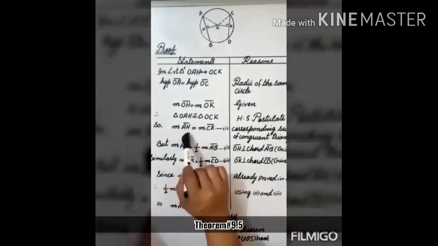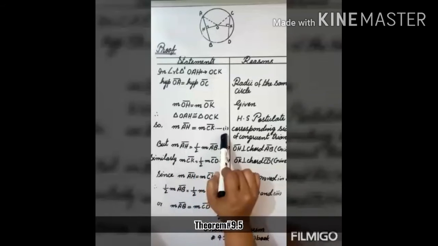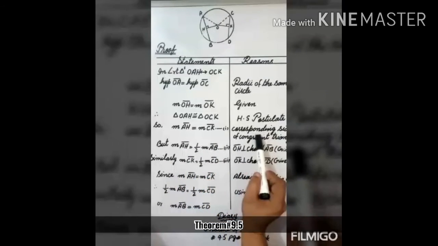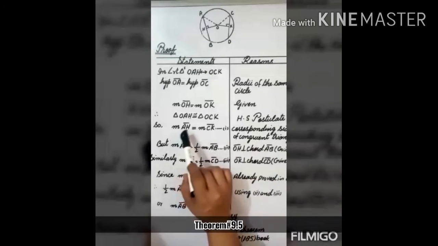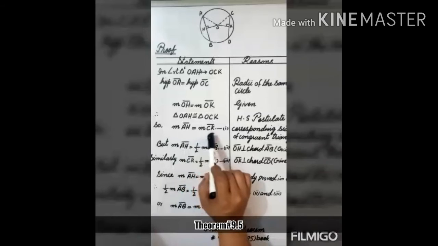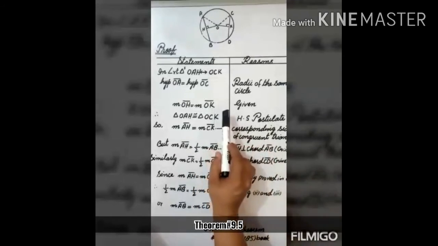So measurement AH is equal to measurement CK. This is equation number 1, and in reason they are saying corresponding sides of congruent triangles. How is measurement AH equal to measurement CK? Students, you know very well, when congruency is proved by any postulate, then all the sides and all the angles present in these two triangles are congruent.